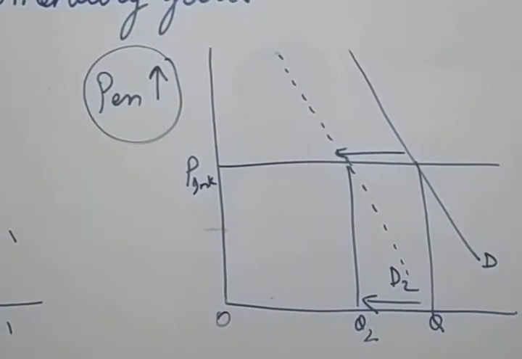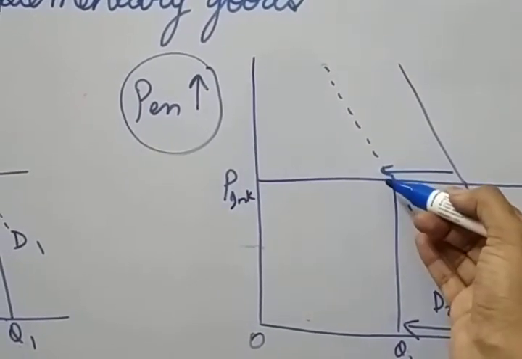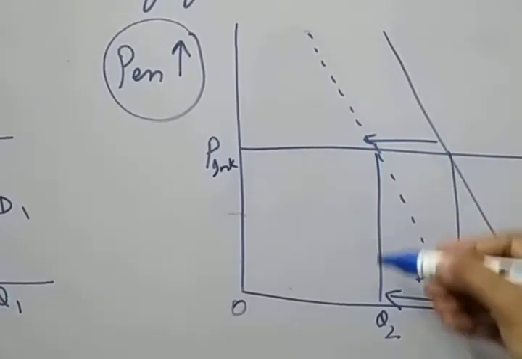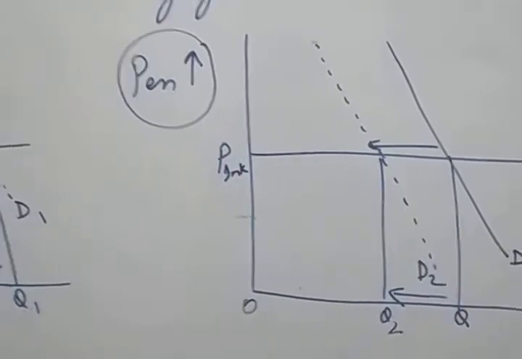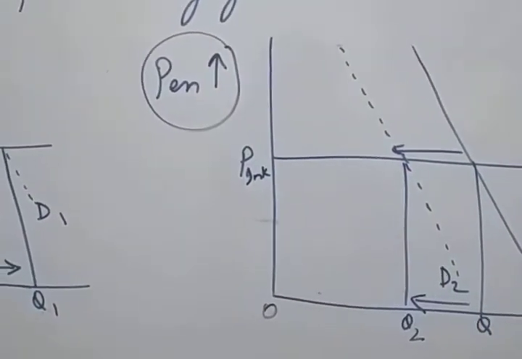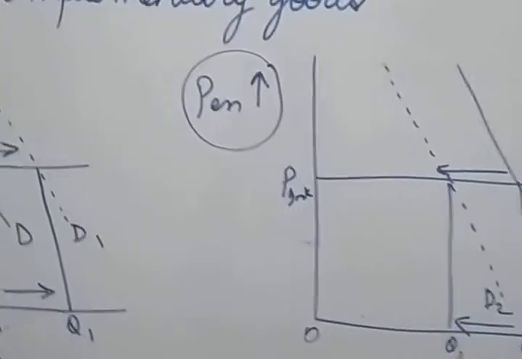So the demand for ink will also reduce and the demand curve will shift leftward, and the new quantity will be OQT, because both are used together. If one thing is costly, the other will be affected, because he is going to reduce the consumption of ink also.